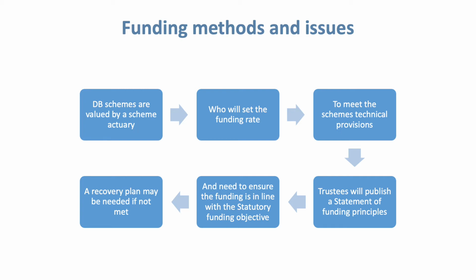They will publish a statement of funding principles, and you need to know what the statutory funding rate is to put into the statement of funding principles, where it is known as the statutory funding objective. As we've already mentioned, a recovery plan may be needed if you're unable to meet the requirements that are laid down in the actuarial valuations, if you're unable to meet your technical provisions.